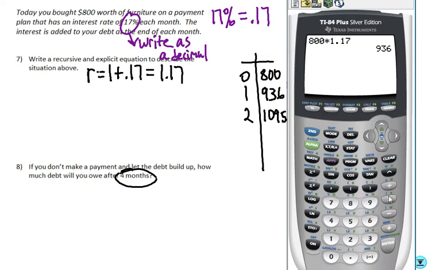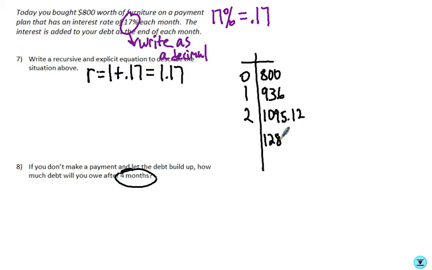So if I then multiply that by 1.17, I get the number that I got right here, 1095.12. So again, the 1 is there because you're taking the part that was already there, and the 0.17 part is the interest payment, or the new part. So if I did times 1.17, I get 1281. And since we're talking about money, cents, we'll just round.